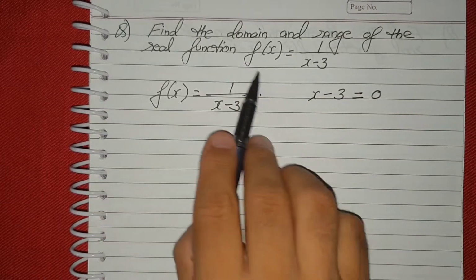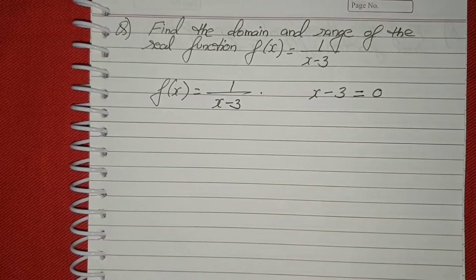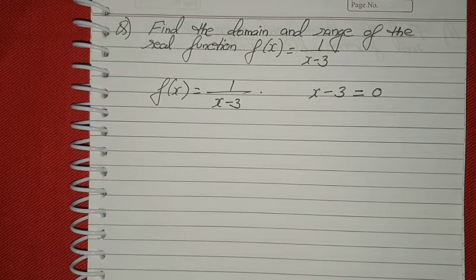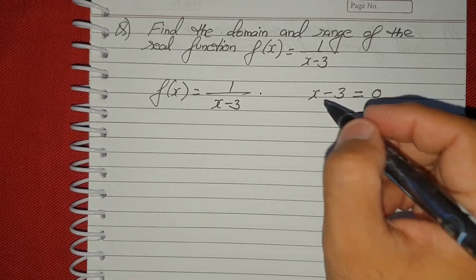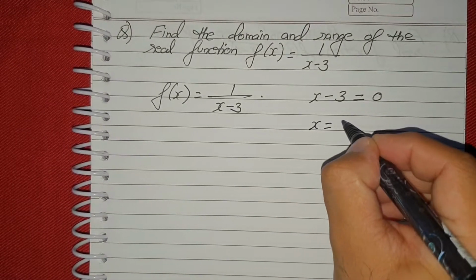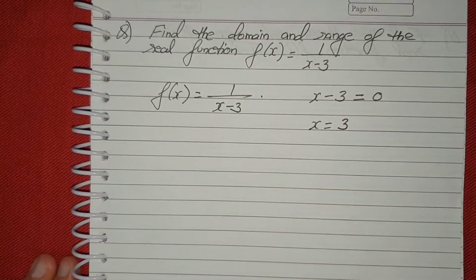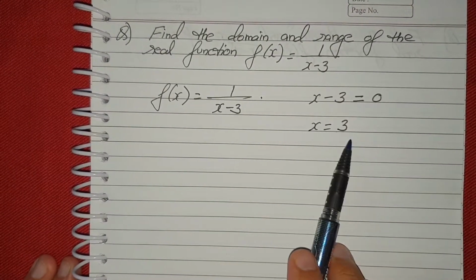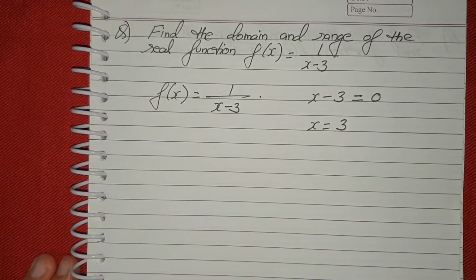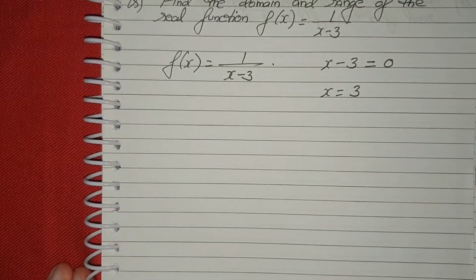Why? Because 1 by 0 is not defined. x - 3 = 0 is when x is equal to 3. So this is not defined only when x = 3. Any other real number we put, it will be defined.